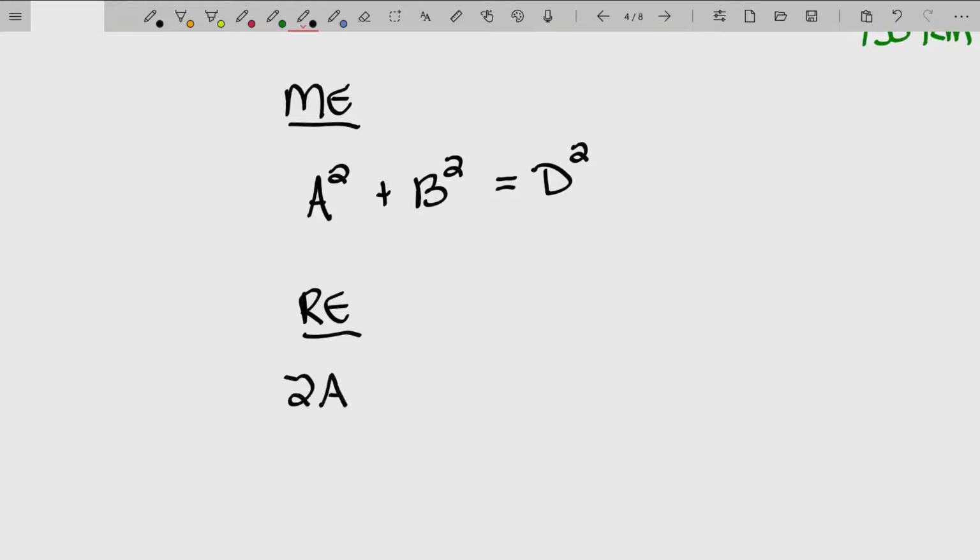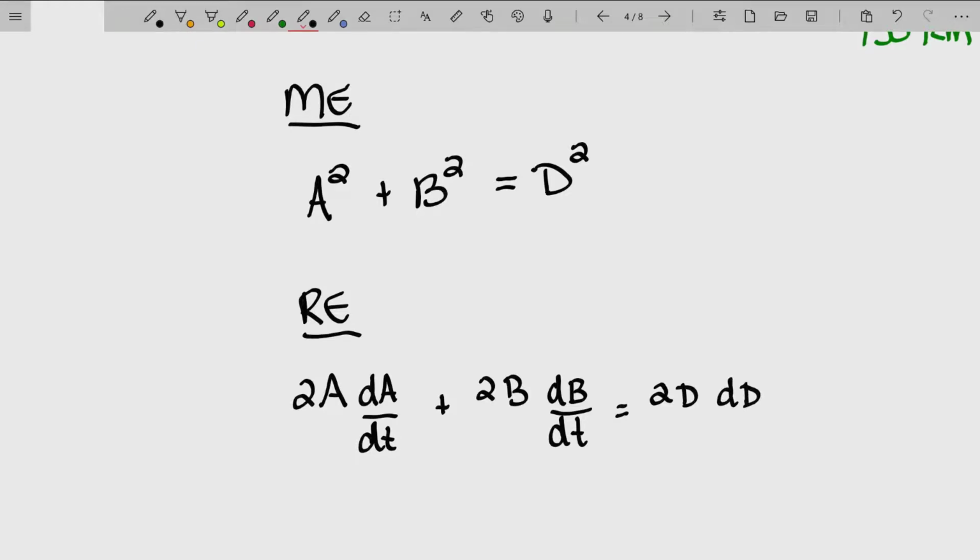The derivative of A squared is going to be twice A to the first times the derivative of A with respect to time, plus the derivative of B squared is twice that B times the derivative of B with respect to time, equals the derivative of D squared, which is twice that D times the derivative of that D with respect to time.